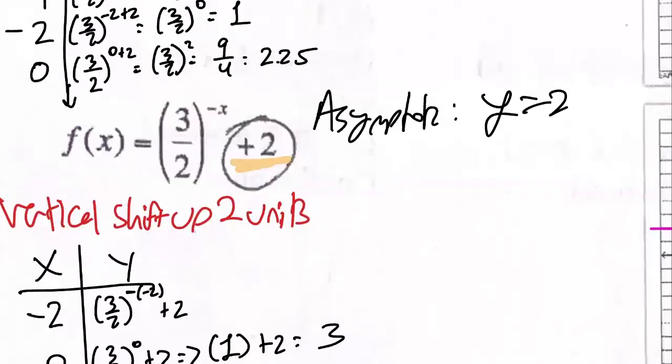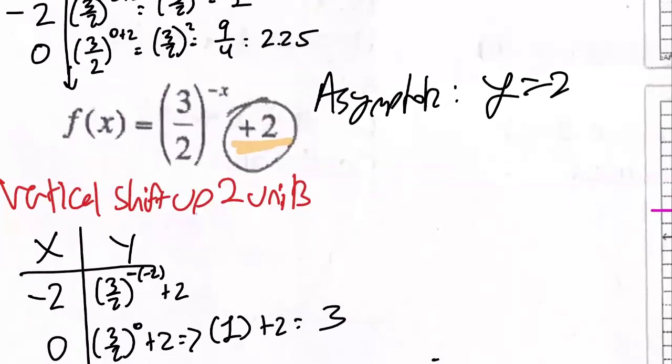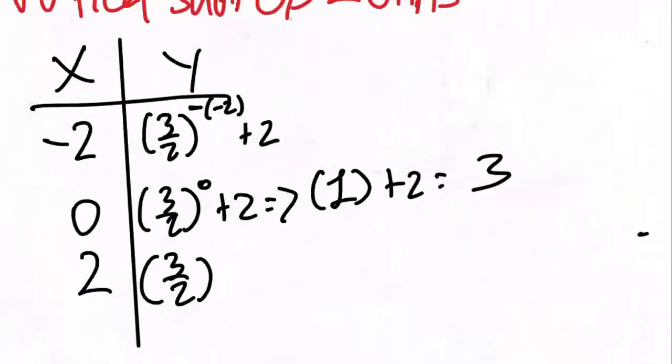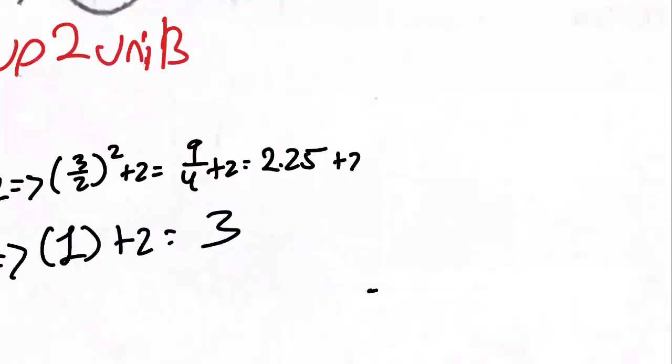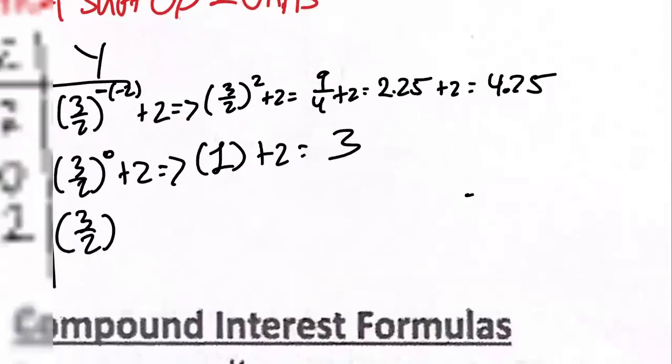This is -2 plus 2. I didn't realize it was -x. That's completely my fault. So this is 3/2 squared plus 2, 9 divided by 4 plus 2, so 2.25 plus 2. So this is 4.25.